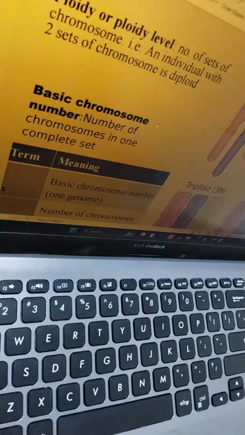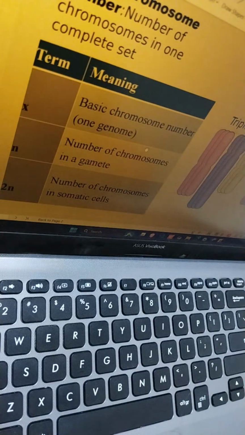X is the basic chromosome number in one genome. n is the number of chromosomes in a gamete. X is the number of chromosomes in one genome, and 2n is the number of chromosomes in somatic cells.